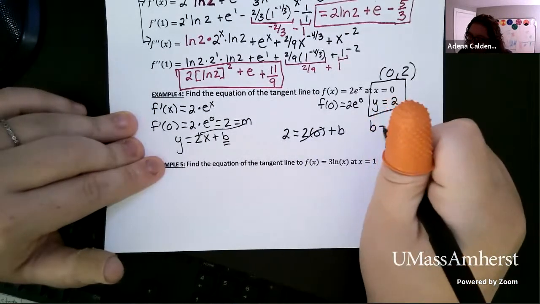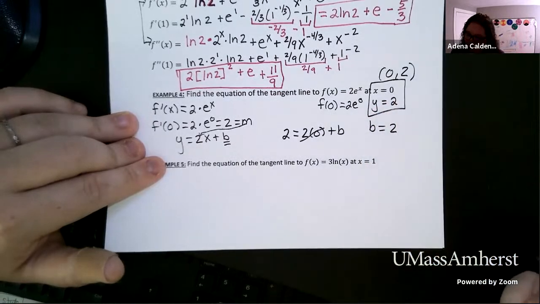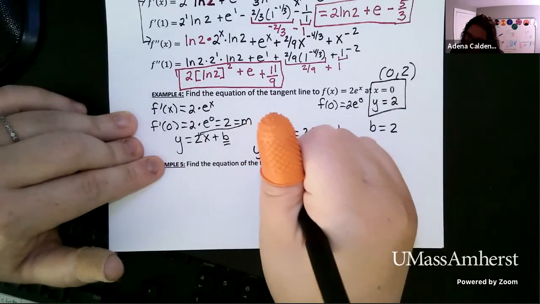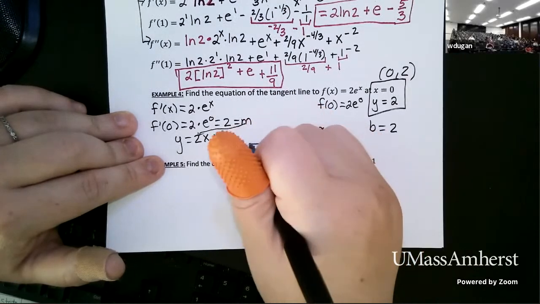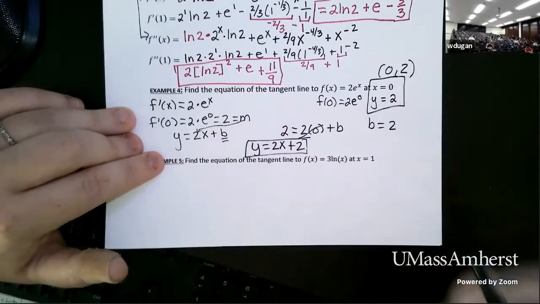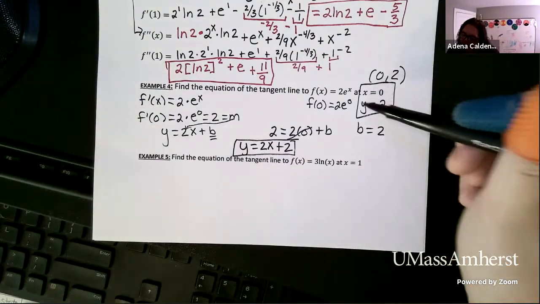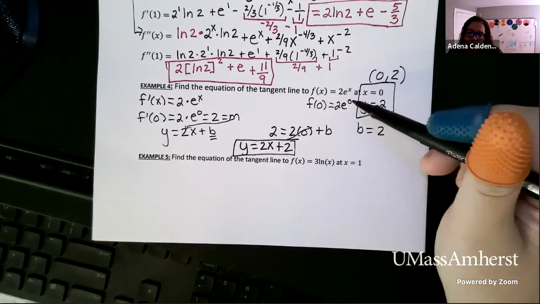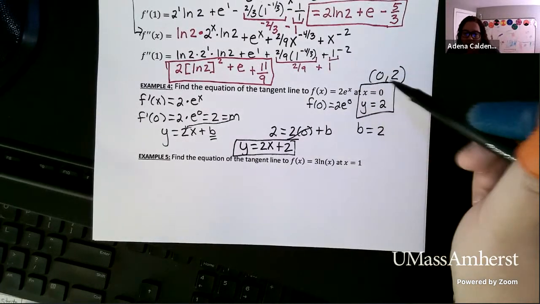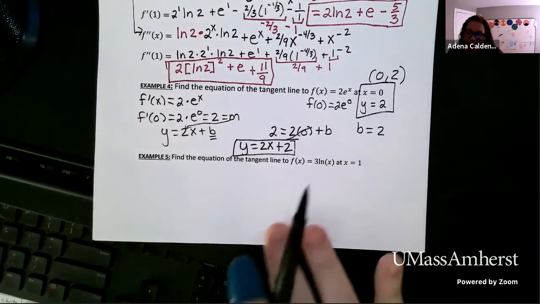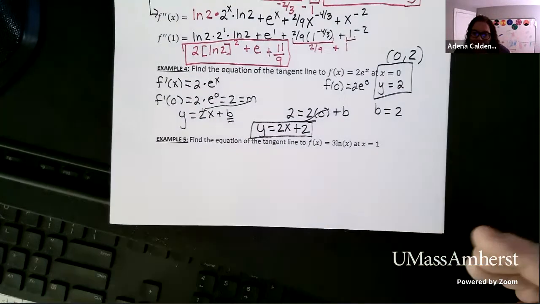And so that tells me that b equals 2. So the final equation of my tangent line is y equals 2x plus 2. So that is the equation of the tangent line to the function 2e to the x that touches at x equals 0. Okay. So let's do this again for the next one.